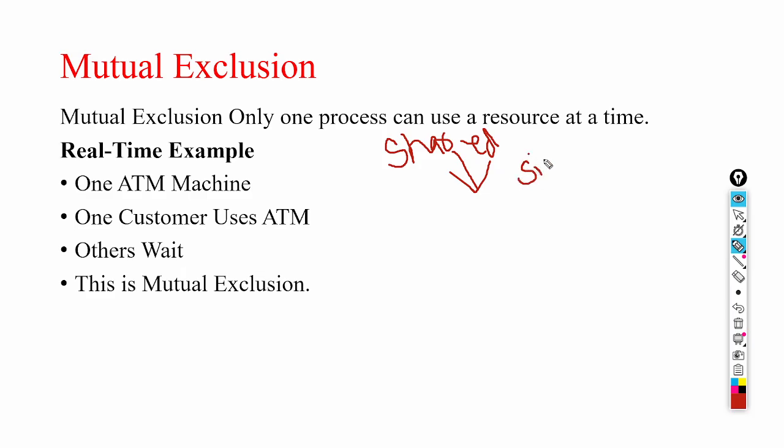Only when that process's work is completed will it be shared with another process. Only one process can access the resource, and the other process must be in a waiting state. Many hardware resources follow this rule.